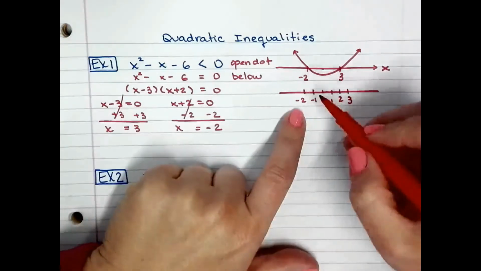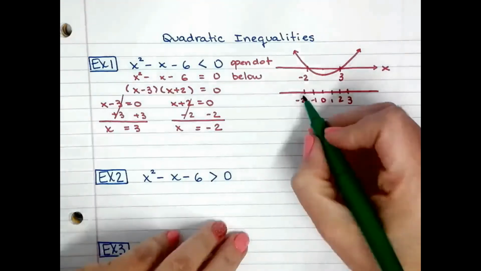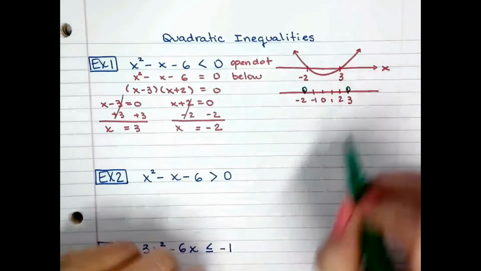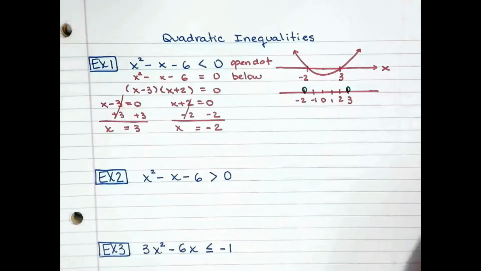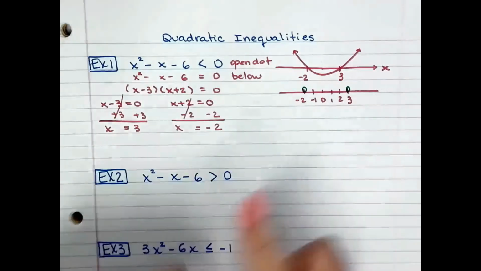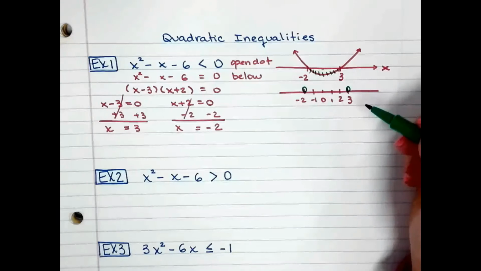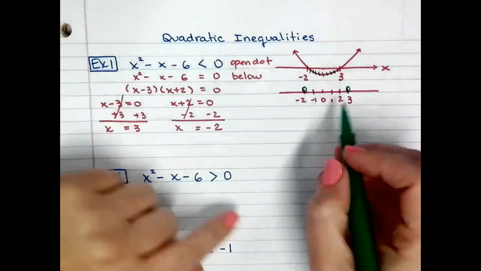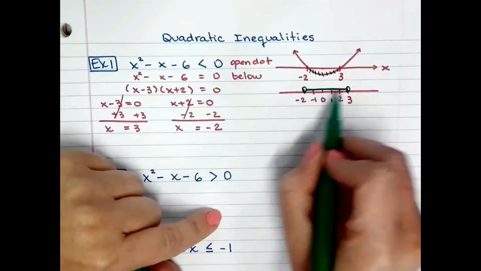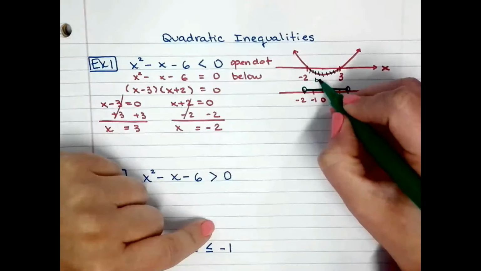So I have an open dot right here at -2, and open dot right here at 3. Okay? Now, because I'm supposed to shade below, this is below. Okay? So the below is everything between -2 and 3. This is below.